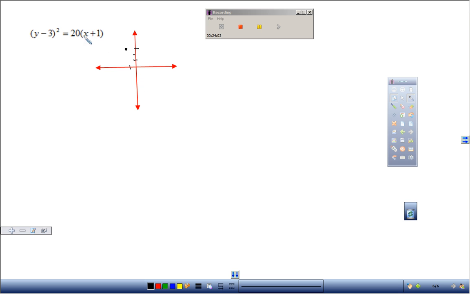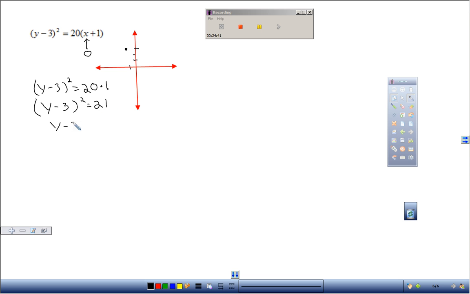Then you probably want to find a couple of points. One good point to find would be the y-intercepts. If I plug in x equals 0, I get y minus 3 squared equals 20 times 1, which gives me y minus 3 squared equals 21.